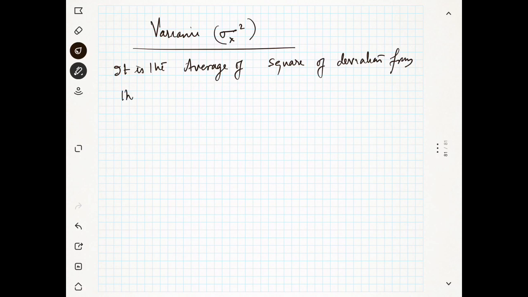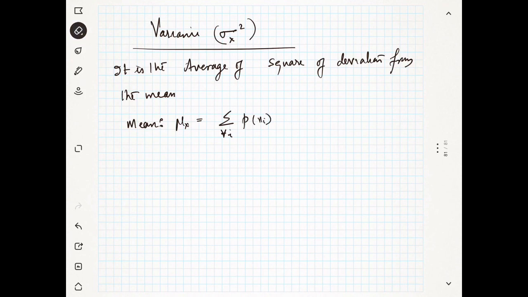from the mean. So you know that we have the mean as, what is the mean? The mean is mu x, it is nothing but summation for all i of xi into p of xi. This is the mean of the random variable.